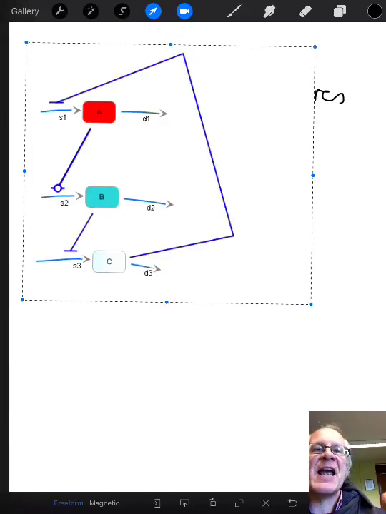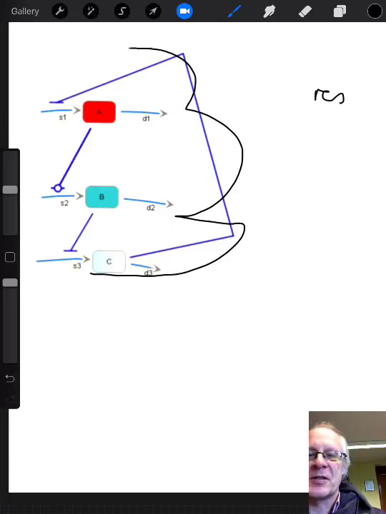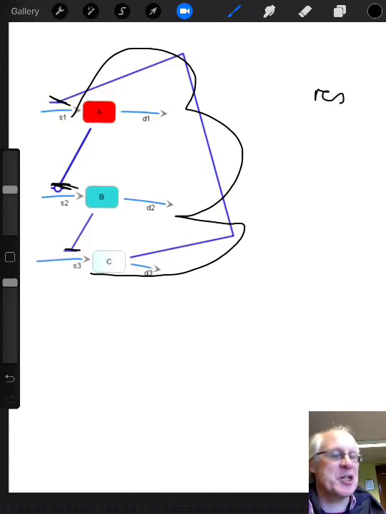What happens if we have a system of several feedback loops? Inhibition, inhibition, and this one inhibits as well. What is your prediction? What will happen in this case? Will we get a stable, steady state? What do you think?